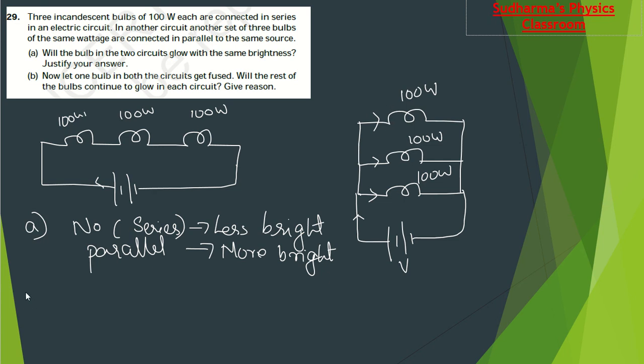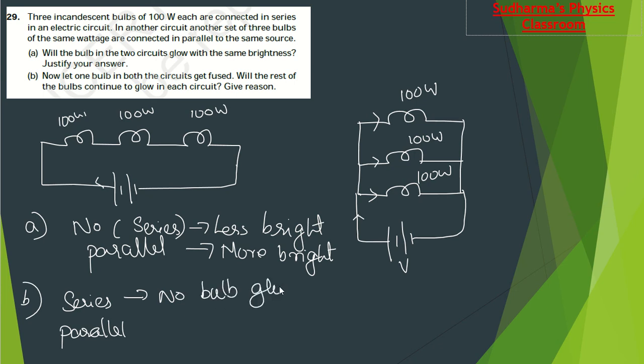Now let one bulb in both the circuits get fused. Will the rest of the bulbs continue to glow in each circuit? Again, we have to categorize that into series and parallel, right? In series, what happens? If one bulb in the series connection gets fused, what happens to the rest of the bulbs? No bulb will glow in series connection.